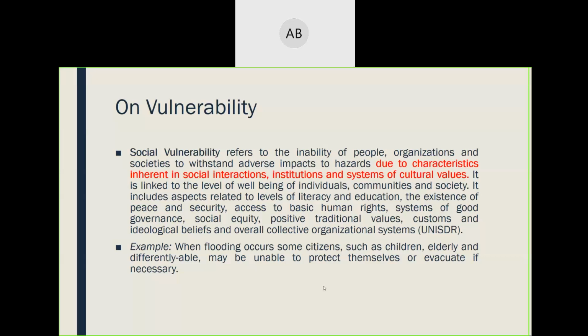Vulnerability is nothing but the degree of damage or the likelihood of damage in case of a disaster. So how can you relate vulnerability to the social aspect of it, whenever there may be a disaster or even during a normal situation? How will you try to relate societal aspects with vulnerability?